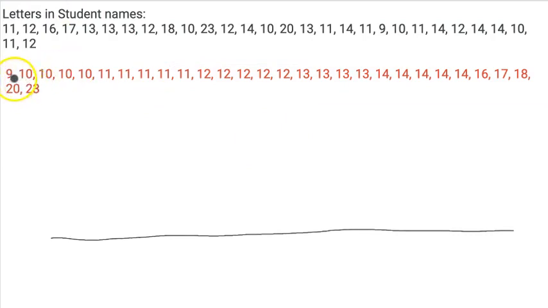So let's find some things here. So we found our median, and that's going to be our second quartile, or I guess I should put it the other way, right? So second quartile, or the median, is going to be 12.